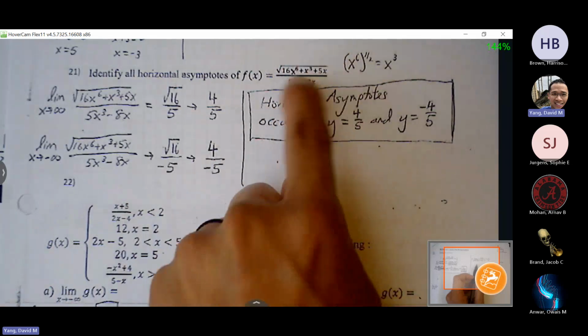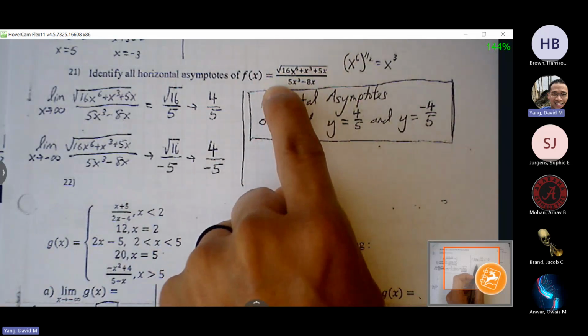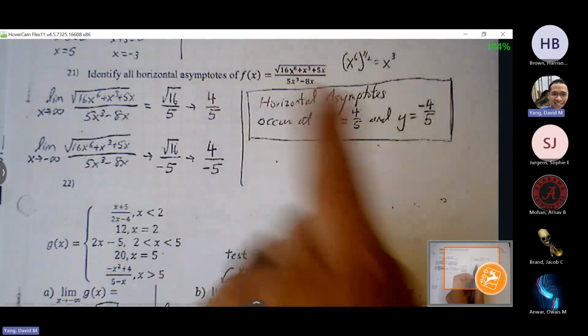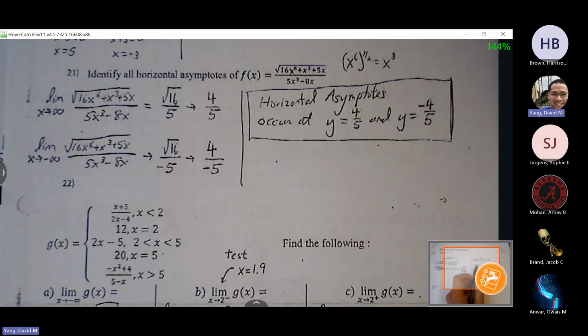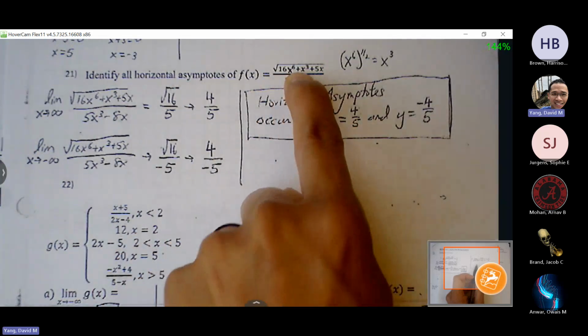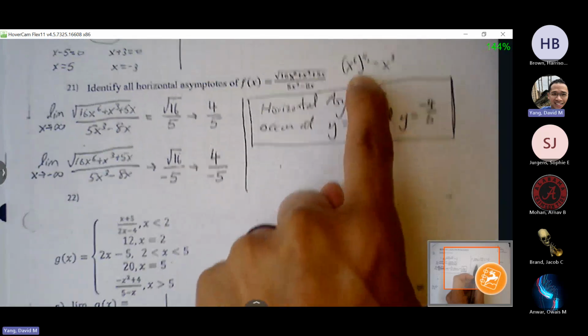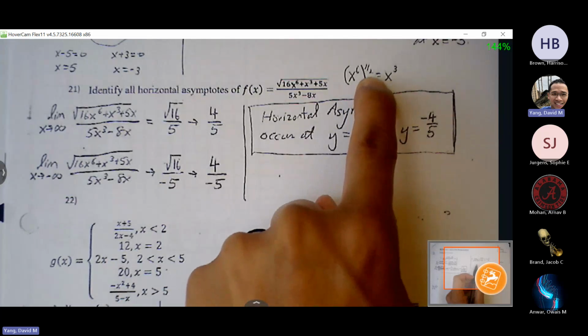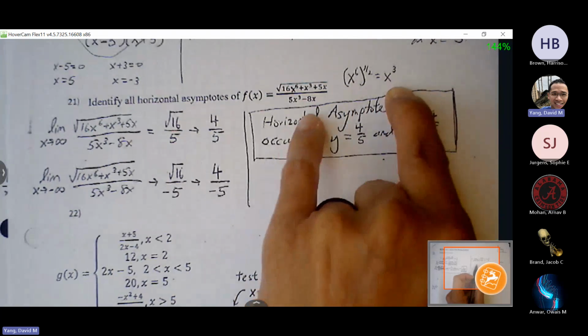This is one of those strange problems where, first, we know horizontal asymptotes rely on comparing degrees. Root x to the sixth power is really x to the 6 times 1/2, which is x to the third power.